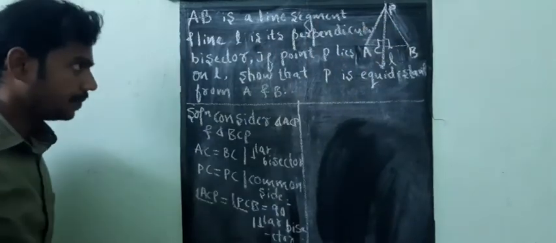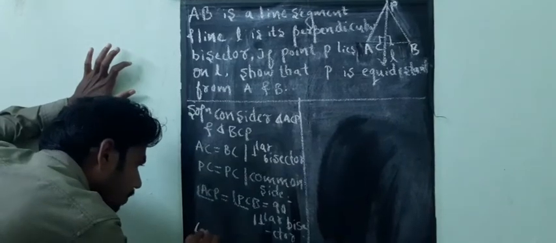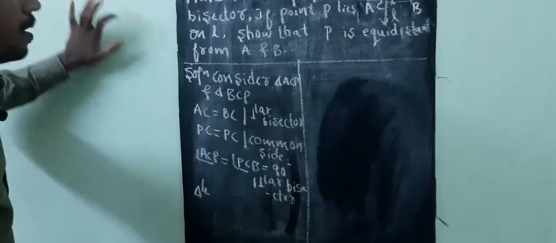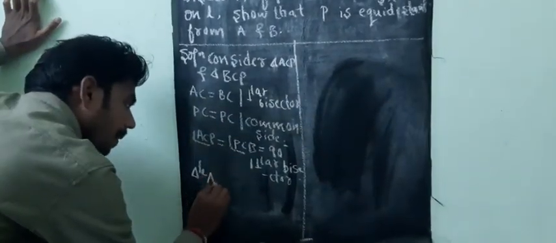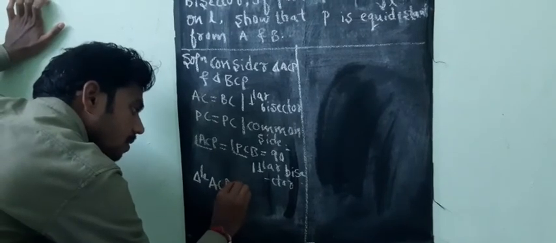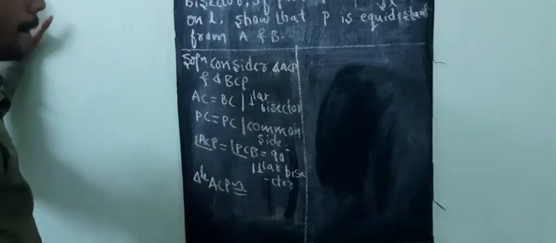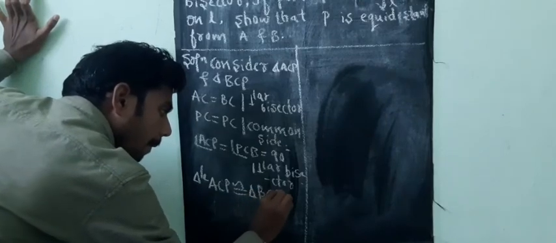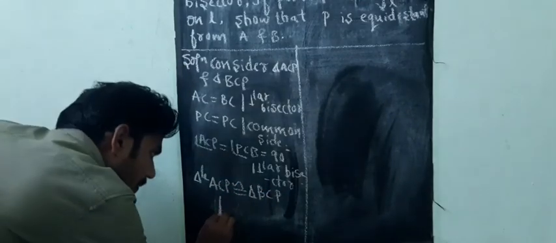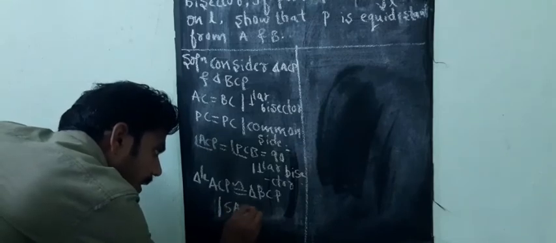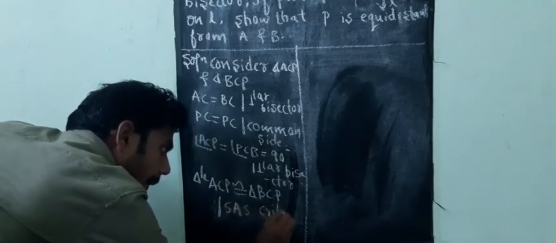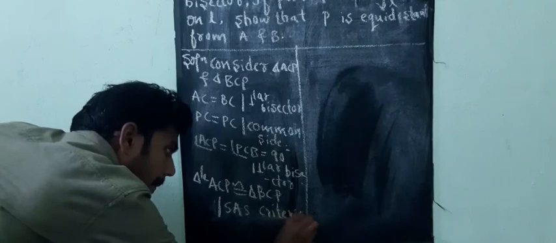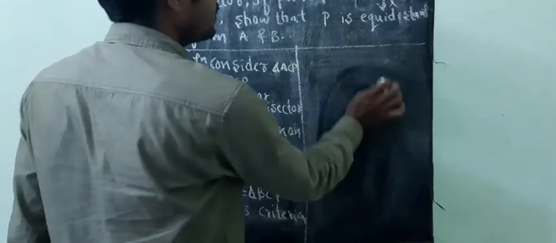That is the reason triangle ACP is congruent to triangle BCP. Why? Because of SAS criteria, side angle side criteria.